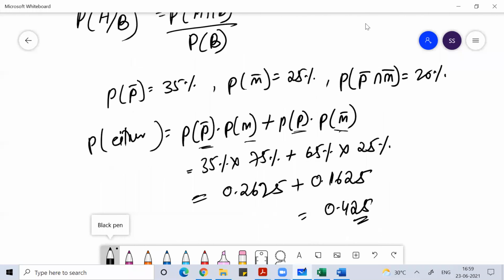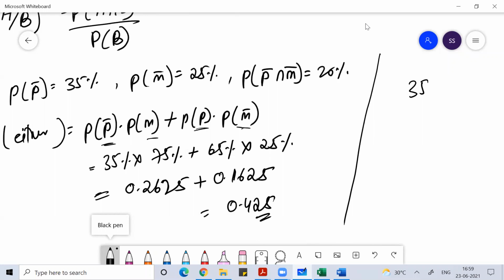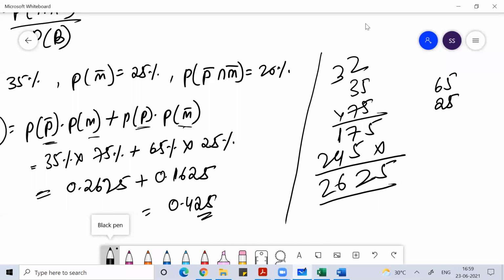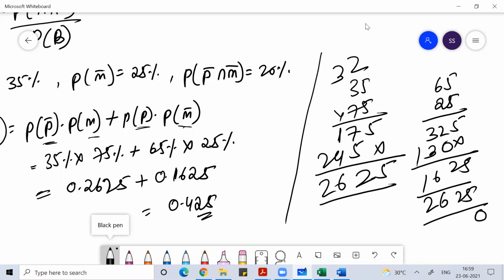So 35 into 75 is 2625, and 65 into 25 is 1625. 1625 plus 2625 is 0.425.